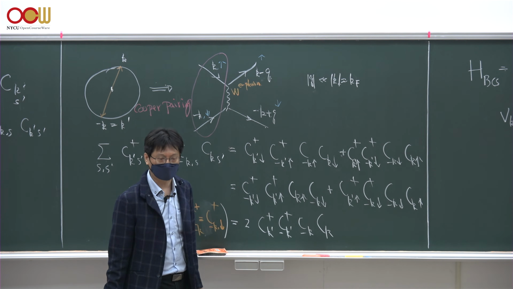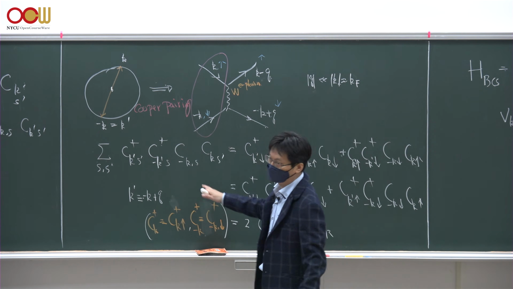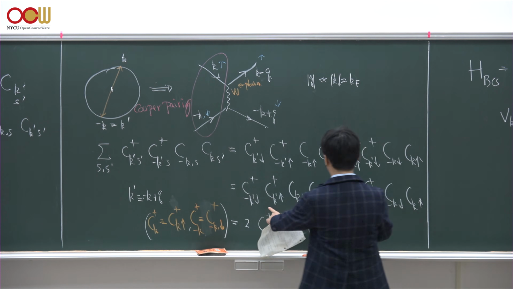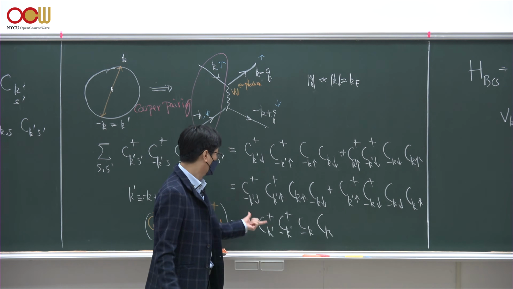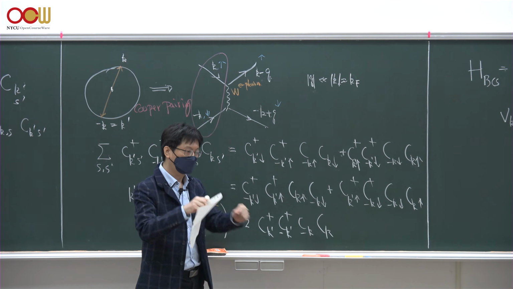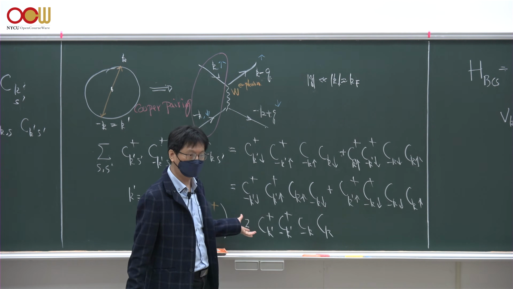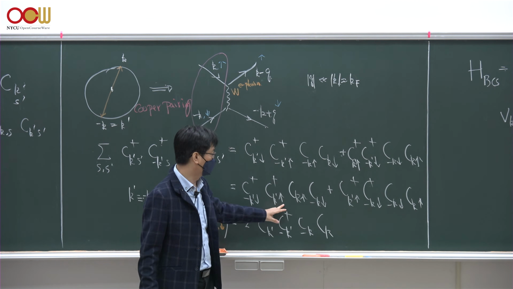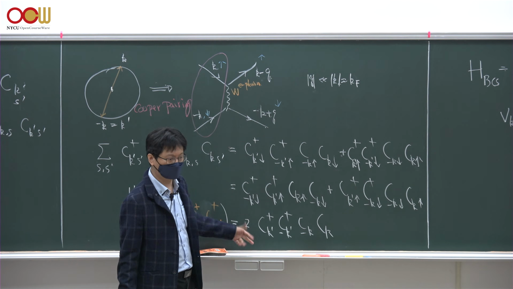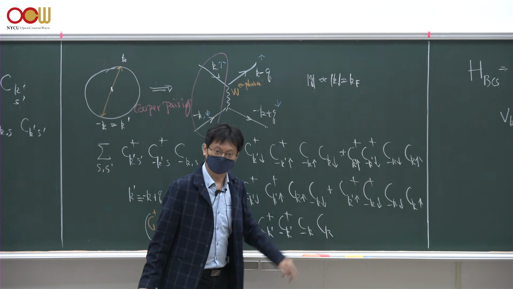I can call this k any name I like. So when I sum over both k and k prime, it doesn't matter. As a result, these 2 terms give you exactly the same contributions. If you interchange the labeling of these variables between k and k prime, you'll see that this term is identical to that term. So we simply put a factor of 2 and don't care about the difference between these 2.